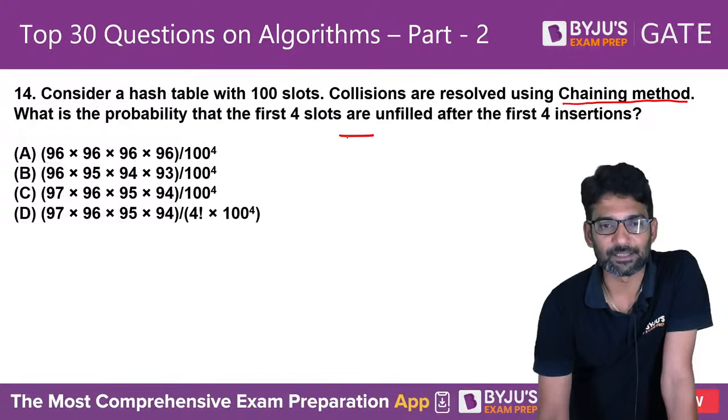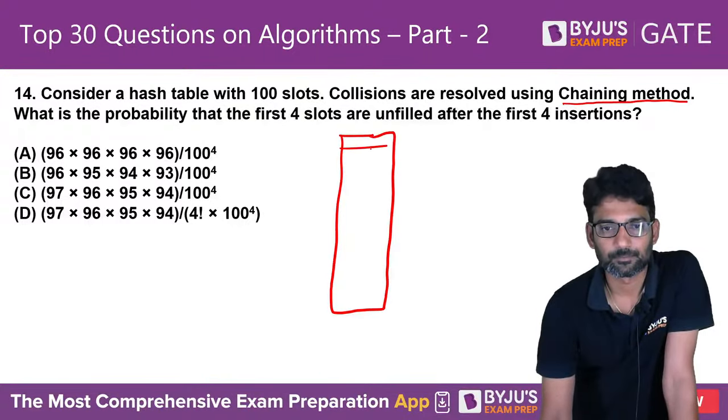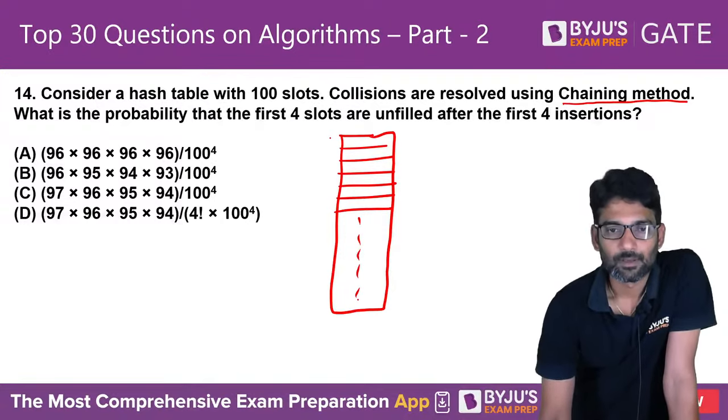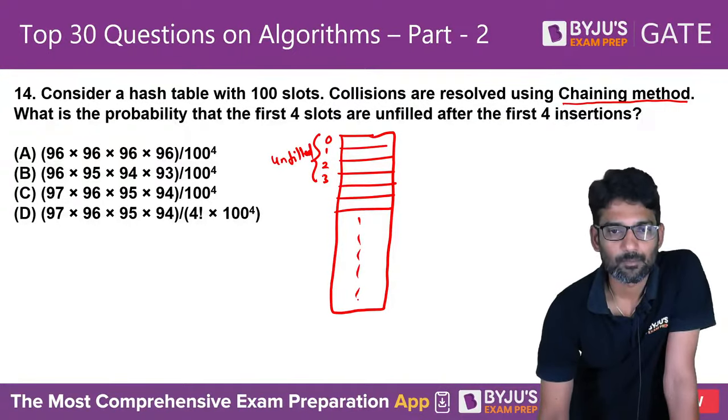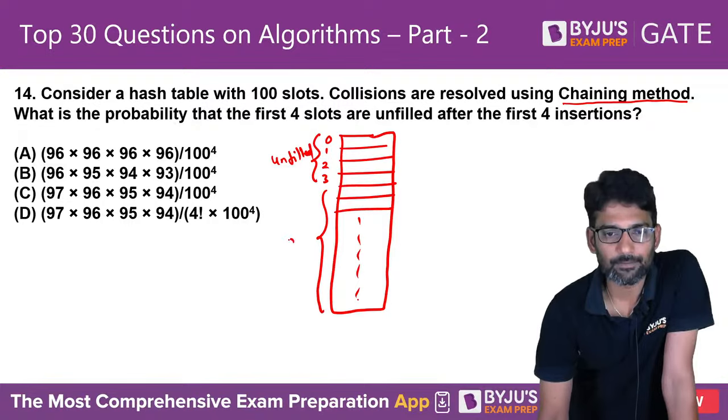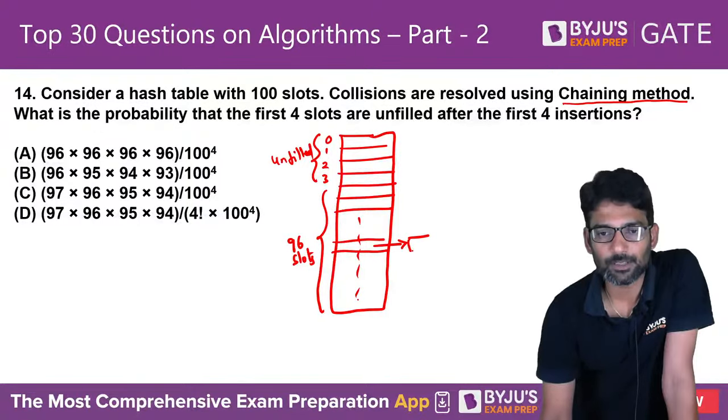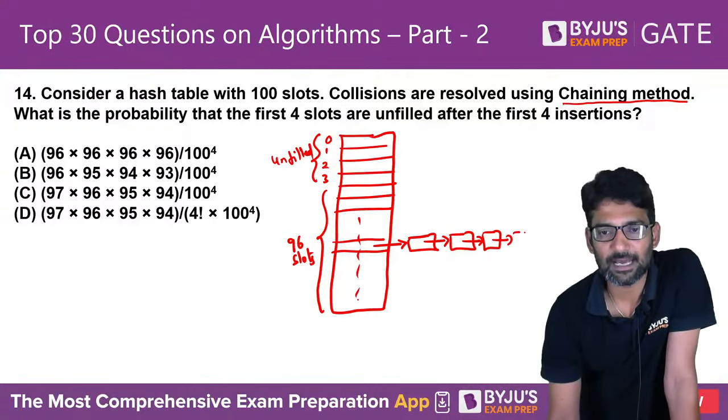In the chaining method, you have 100 slots in total. The first 4 slots should be unfilled. So remaining you are having 96 slots. Using chaining method, in the same slot you can have as many keys as you want.